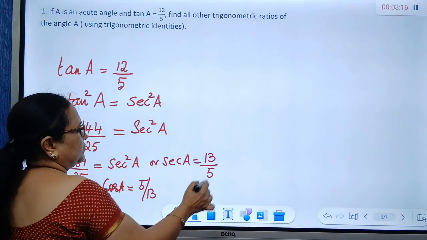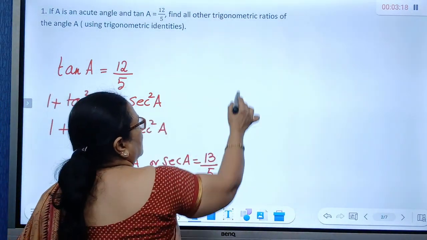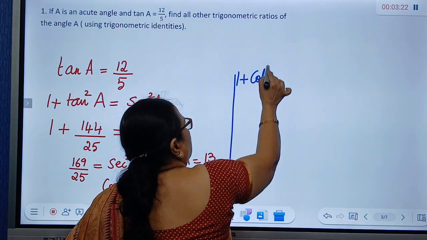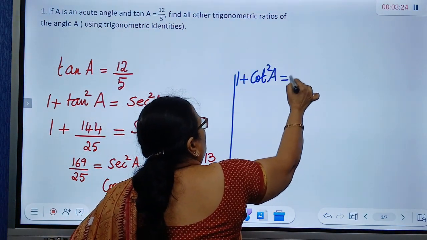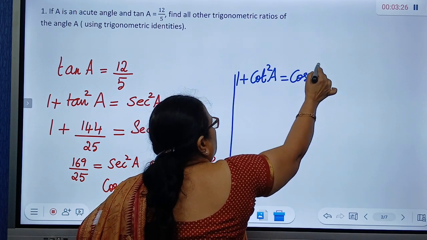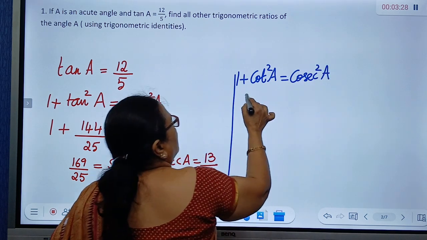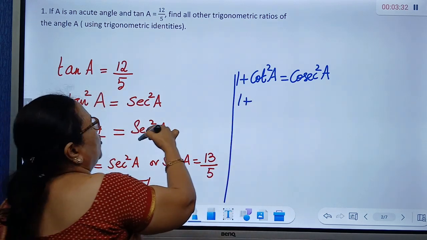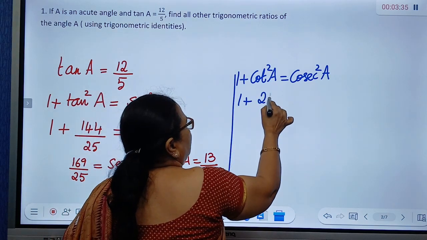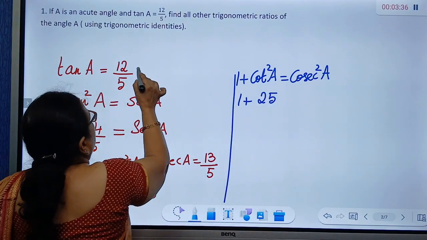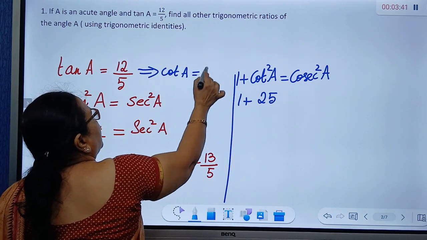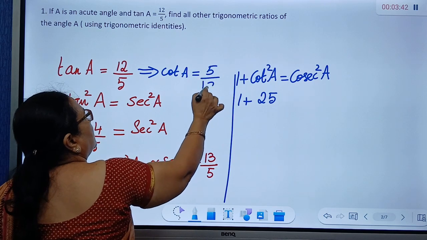Similarly, 1 plus cot square A equal to cosecant square A. So, 1 plus, what is cot A? 5 by 12. So, 25. Tan A is 12 by 5 implies cot A is 1 by tan A, which is 5 by 12.